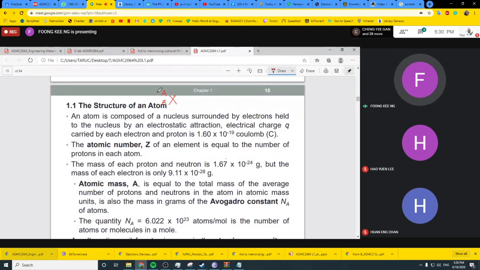It simply means this is your protons and neutrons. Your Z is the number of protons. This is how you represent the chemical symbol for any element.